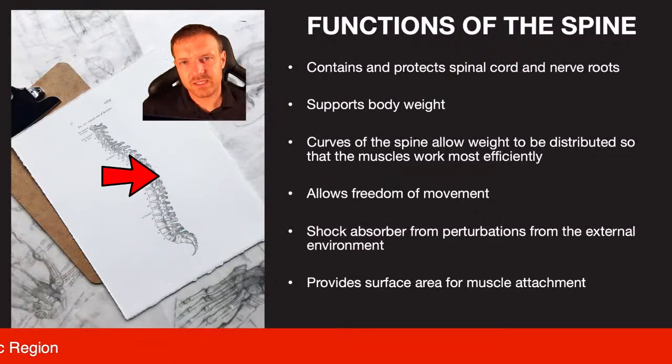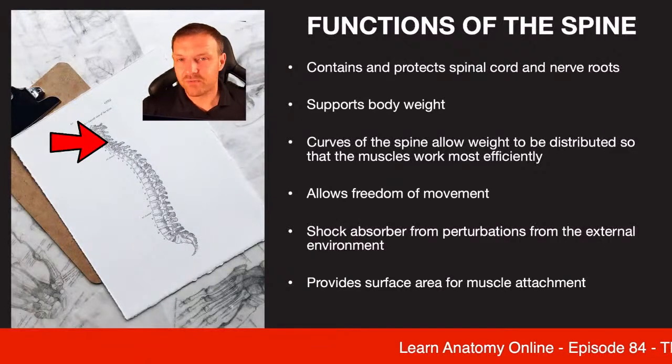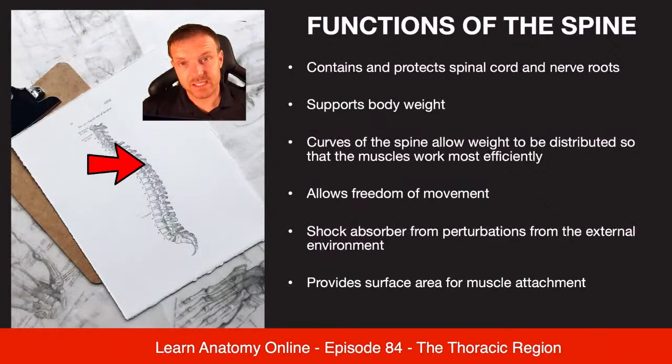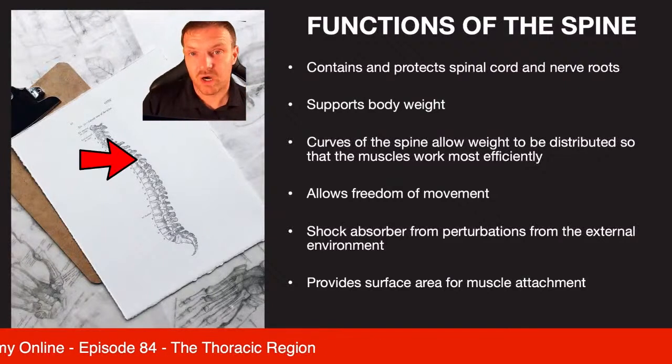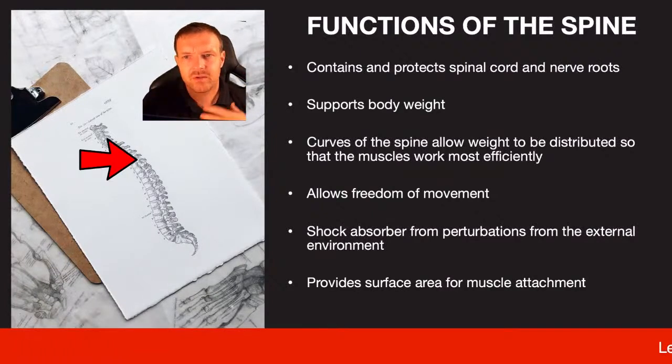So we've got these curves in the spine, but saying that, it is completely normal to have different types of curves. So you might have a flatter lumbar spine, you might have a flatter thoracic, and it's just the way that you are built, or it's your adaptation to whatever you do for a daily living or as your sport.